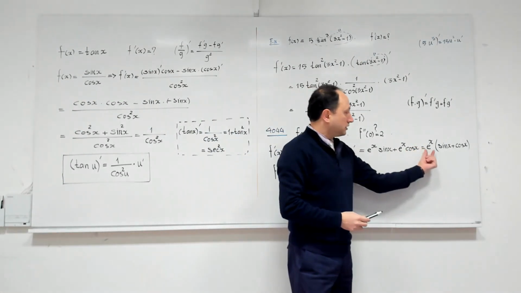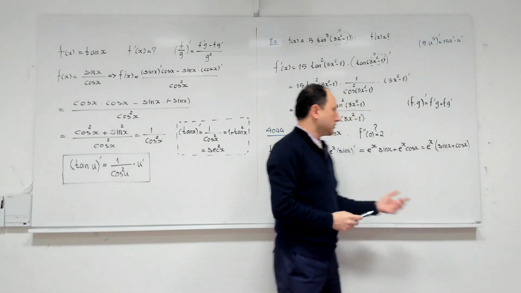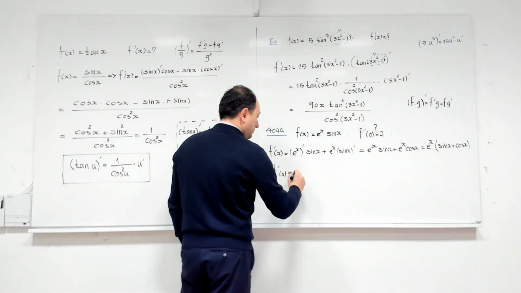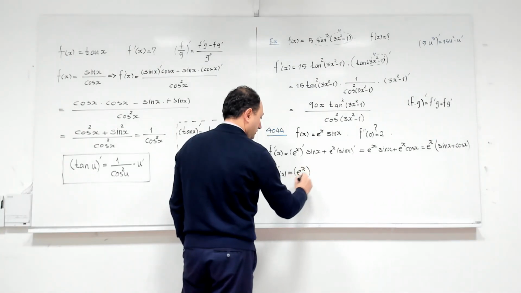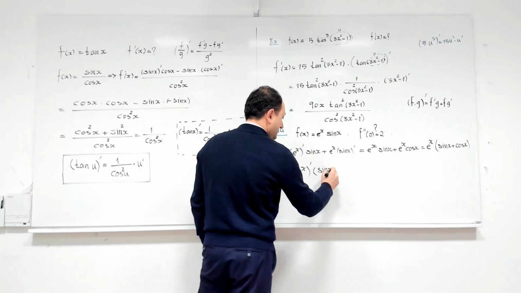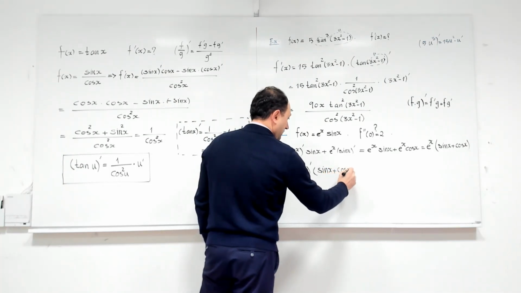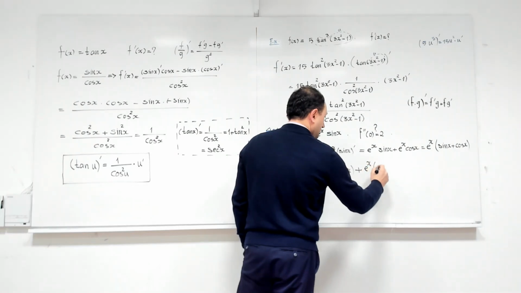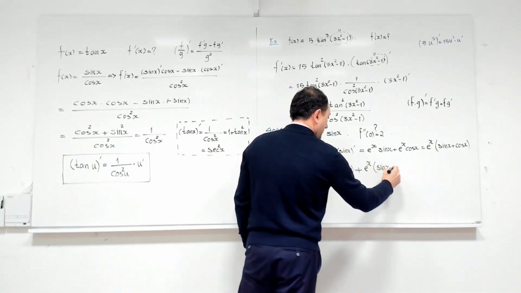This is the product of this function with that function. So I have to use the same rule. So let me write the details in the future if you want to refer. So it becomes the derivative of the first part multiplied by the second factor itself plus the first one multiplied by the derivative of the second one.